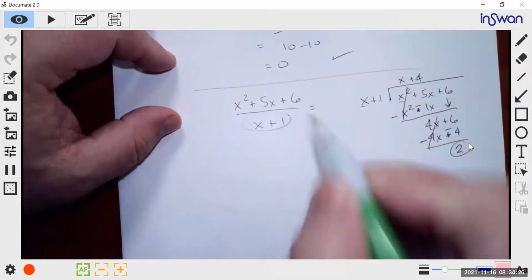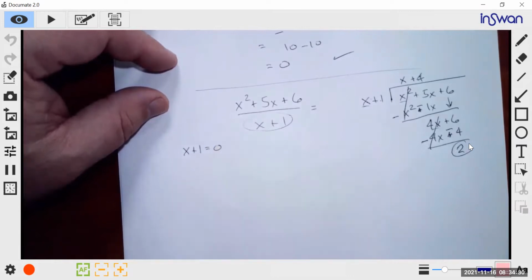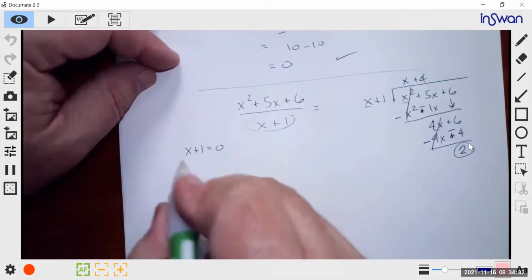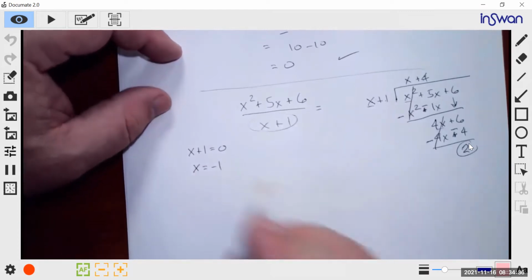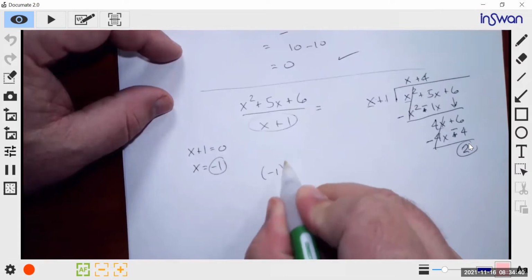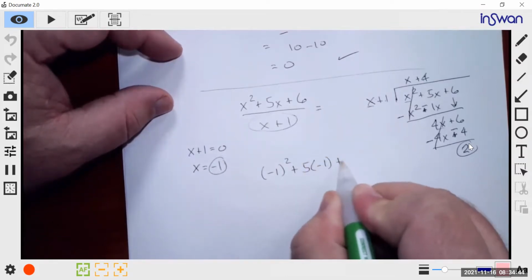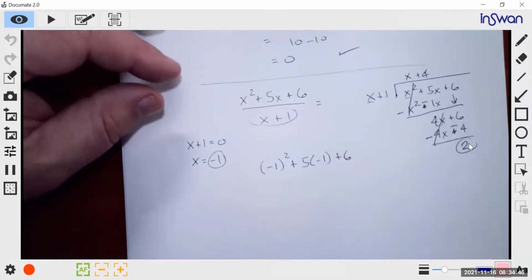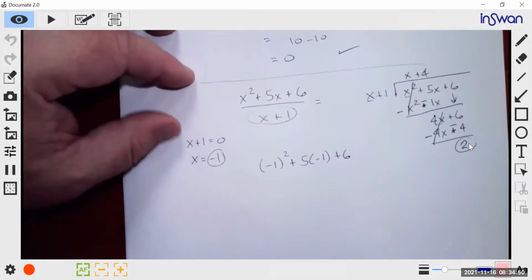If we take the denominator and solve it, what does it become? X equals minus 1. If we take this minus 1 and put it everywhere in the numerator, let's see what happens.